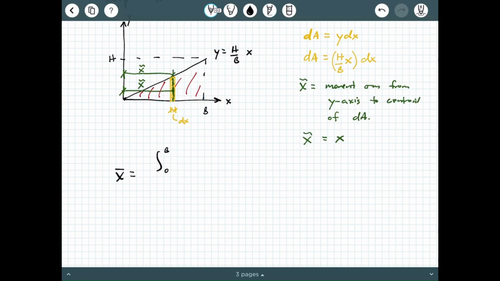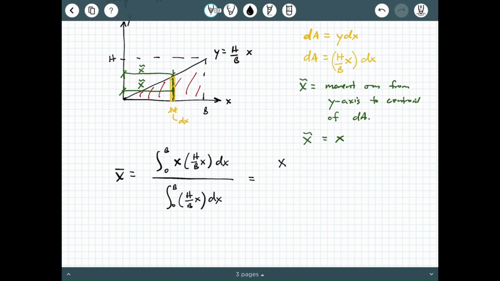X tilde is x, and then dA is h over b x dx, and then the denominator is the integral from 0 to b of just dA, which is h over b x dx. Okay, so this is pretty simple. We really don't have any numbers here, so we need to do this kind of in our heads, but it's simple enough, right? They're both polynomials.